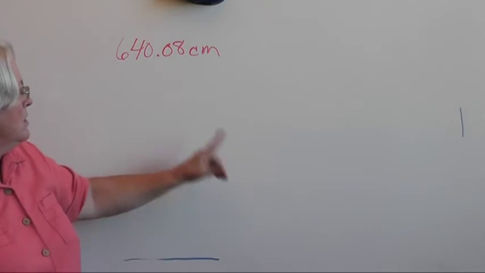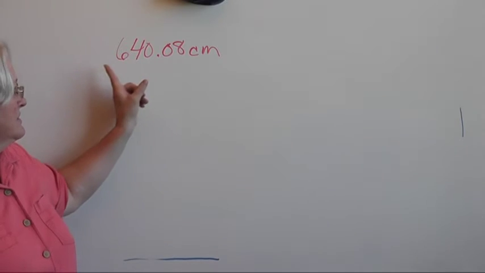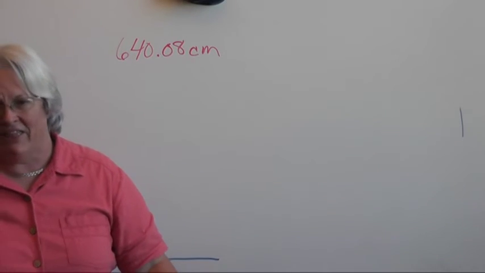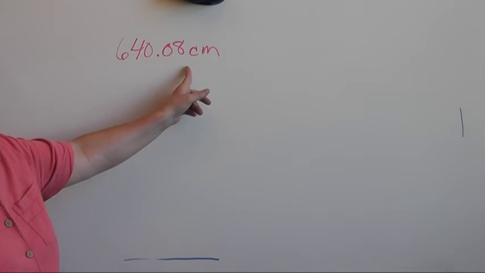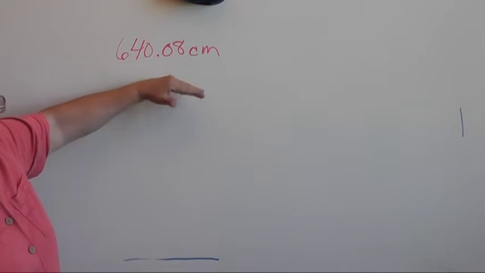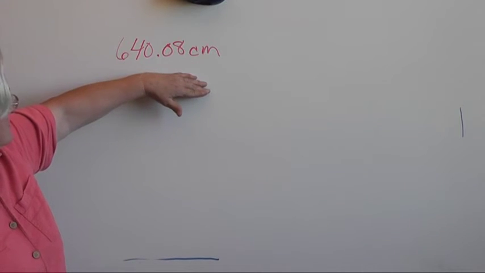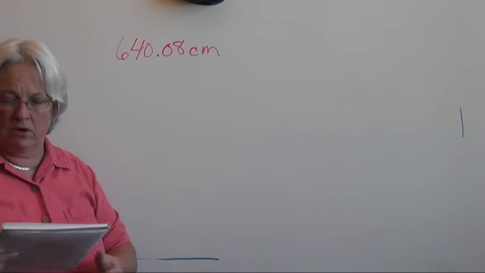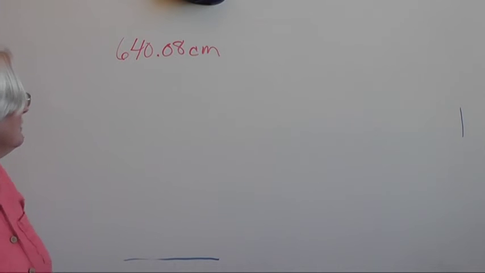It's not very long. Are they based in the metric system or the English system? English system, because I guarantee you when they're marking out the 3-point line, they're not going to have it in centimeters. But we are measuring it now in centimeters. We have the distance as 640.08 centimeters, and we're going to want to express that as a number of meters.